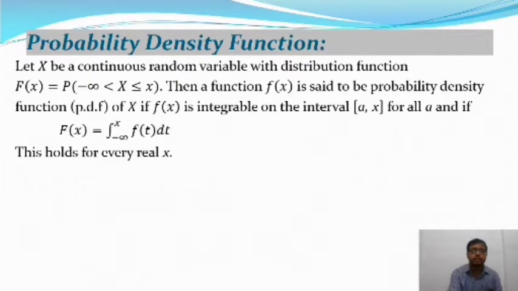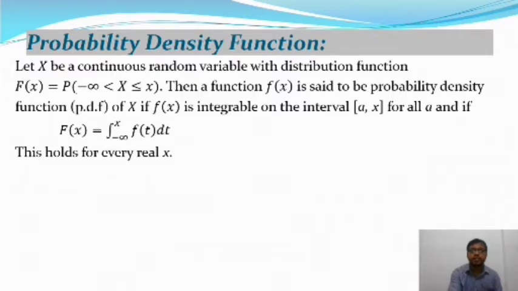So this is called a probability density function, where small f is a probability density function and this function is integrable on the interval a to x, where x is a variable and a is a fixed number. Then capital F(x) is equal to the integral from minus infinity to x of f(t) dt, and this holds for every value of x, where x is a real variable. In a discrete case, F(x) is equal to the summation of f(i) over i from minus infinity to x.